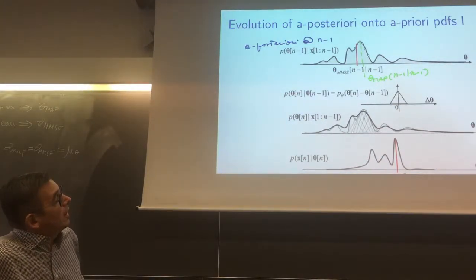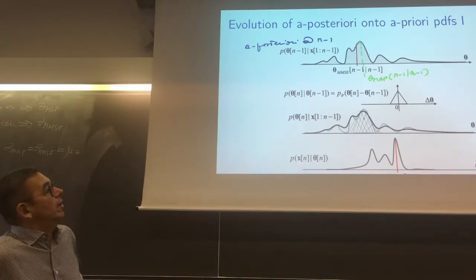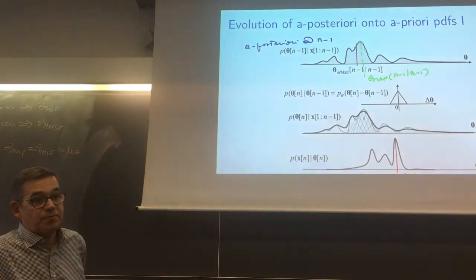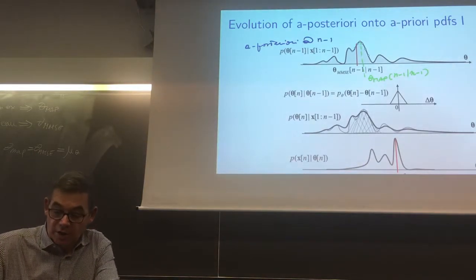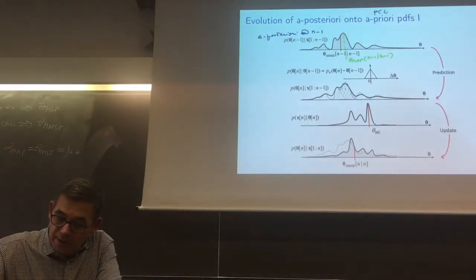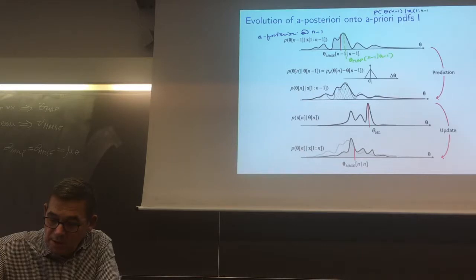Now, how to move from one step to another. Remember, my goal here is to go from P(theta n-1 given x 1 to n-1) to P(theta n given x 1 to n).